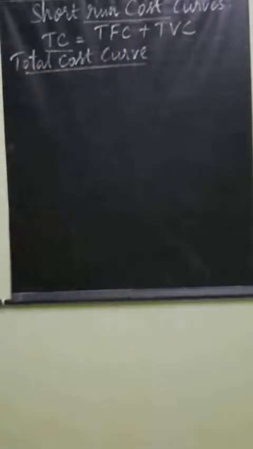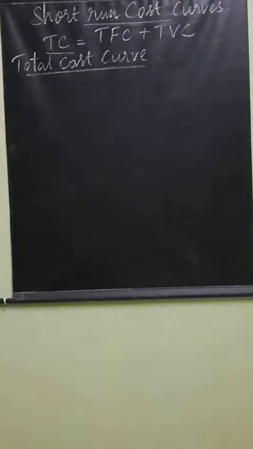What is total cost curve? The total cost curve is the summation of total fixed cost and the total variable cost. So let us see what is total cost curve.